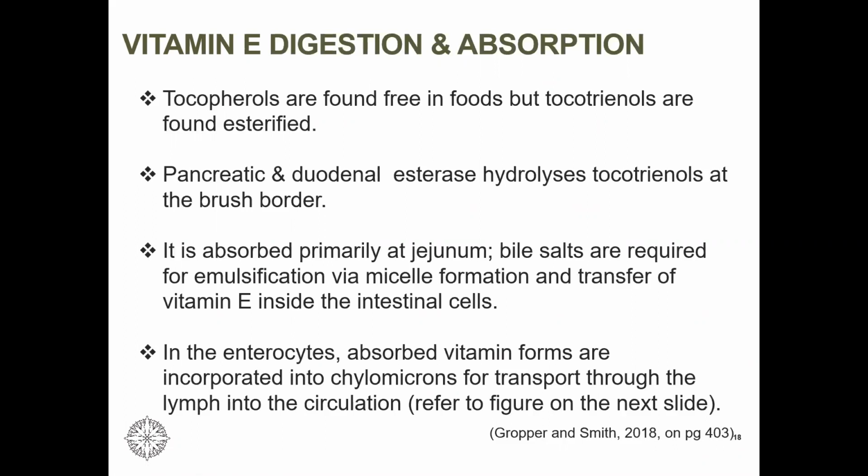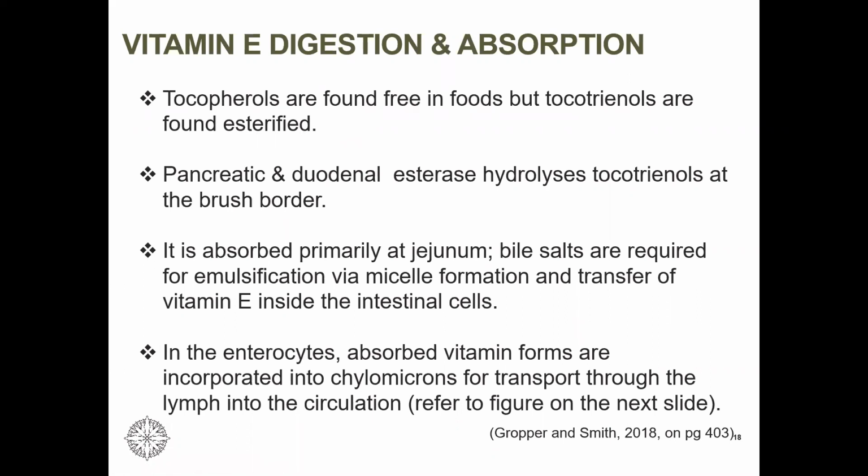Coming to the absorption. So tocopherols, they are found free in foods, but tocotrienols, they are esterified. So now you know what is the meaning of esterified, that it has a fat molecule attached to it. So the same story. What will the body do? It will consume tocopherol straight away, but for tocotrienols, the body would have to remove those fatty groups.